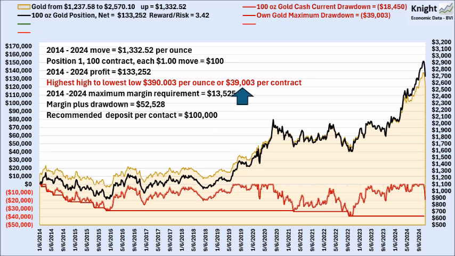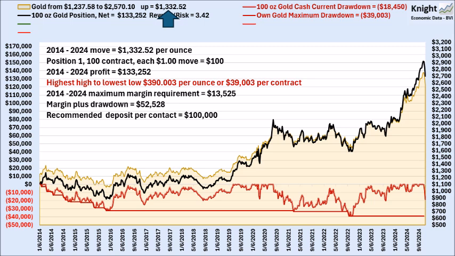Maintaining this unhedged long-term position forward, I'd expect to go through at least $390 per ounce in abuse or $39,000 per contract within the next 3 to 5 years. But I'd structure my position to withstand a down move of up to $864 an ounce without being subjected to a margin call.